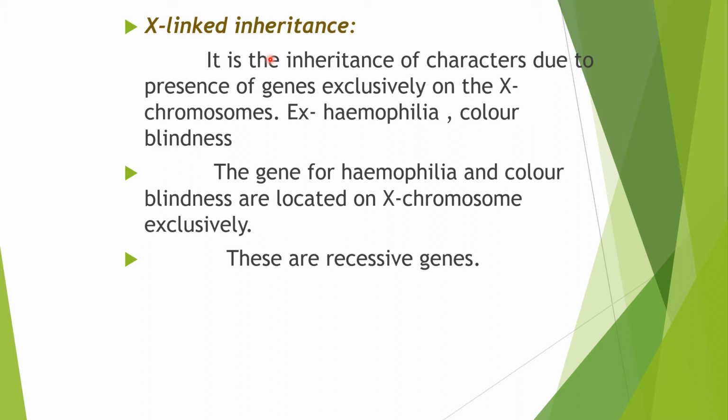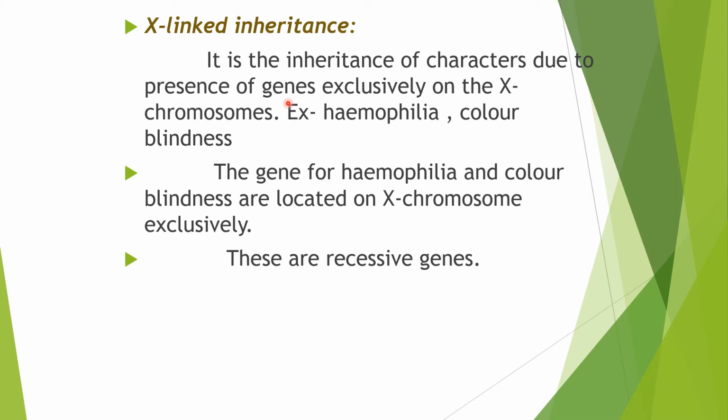Now, X-linked inheritance means it is the inheritance of characters due to the presence of genes exclusively on the X chromosomes. That means we are going to study certain disorders which occur due to the presence of genes which are only present on the X chromosomes.